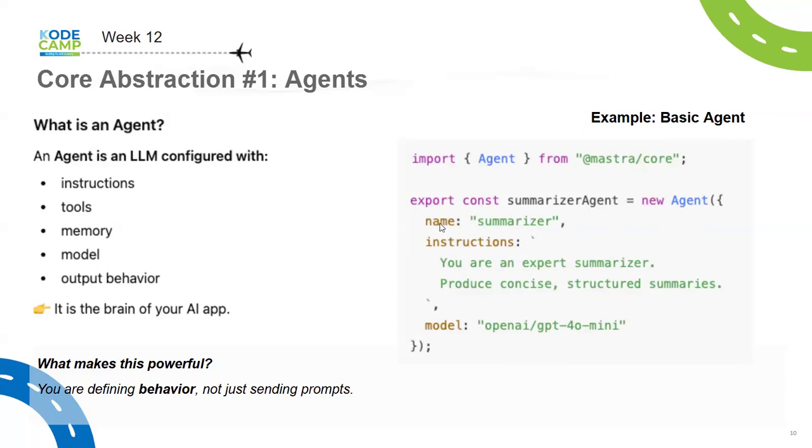As you can see, it has a name. This is one other new introduction from Mastra. They have an ID and they have a name. The ID is required, even though it's not shown in this screenshot. Name is an optional field.